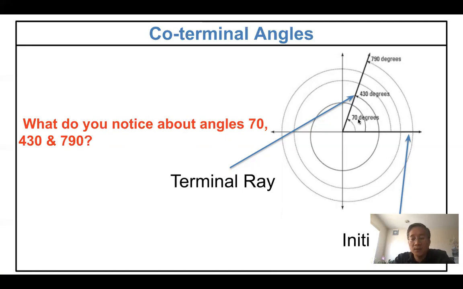The angles which share the terminal ray, we call them coterminal angles. If you go clockwise, 70 degrees minus 360 will be negative 290 degrees. If you keep going, the negative degrees are also coterminal angles. You can find them that way. So is everybody familiar with the coterminal angles?